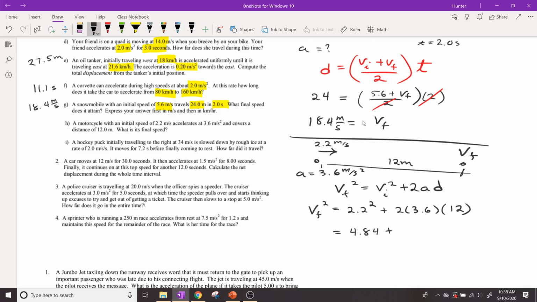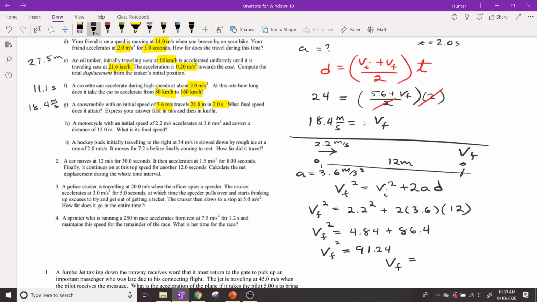Let me crunch these numbers out. 2 times 3.6 times 12, that's 86.4. And we're going to take the square root of the sum of those two numbers. So 86.4 plus 4.84, 91.24. We're going to take the square root of 91.24, and that means that Vf is going to be equal to the square root of the answer.